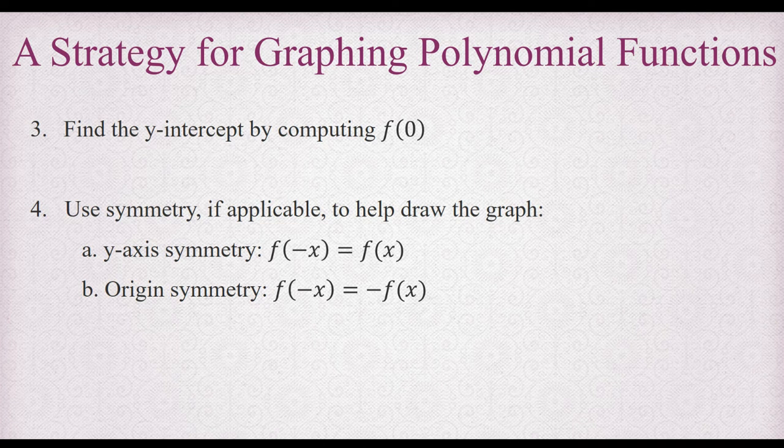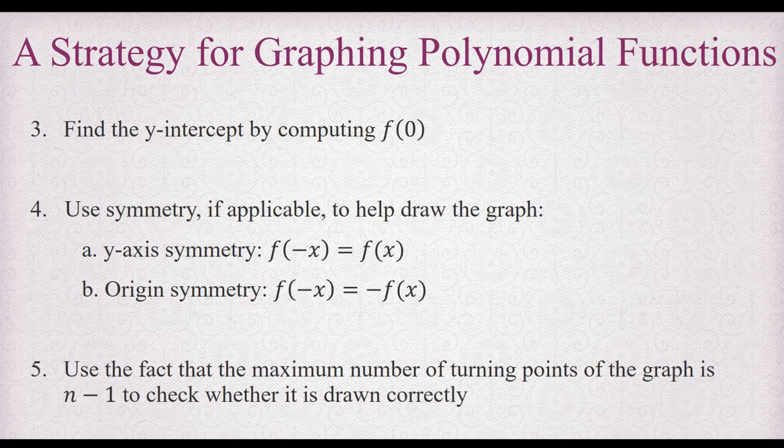And by substituting in negative x, if we end up with the exact same original function, that tells us there's symmetry on the y-axis. If I plug in negative x and I end up getting the opposite of f of x, meaning that every single term is the same, but every sign is different, then we have something called symmetry on the origin.